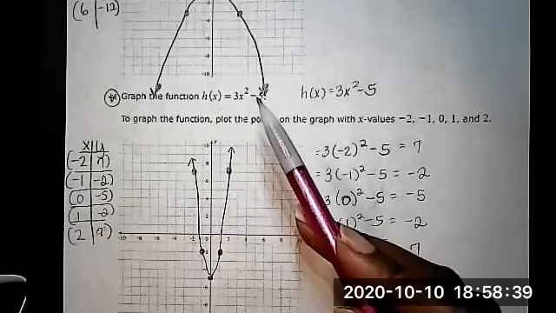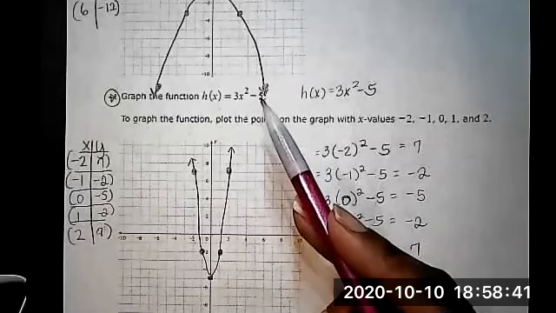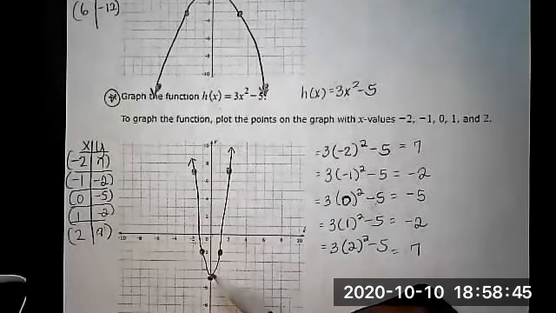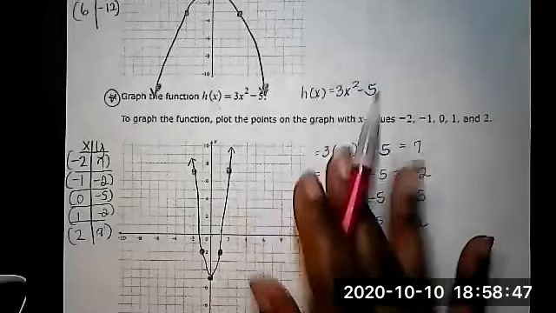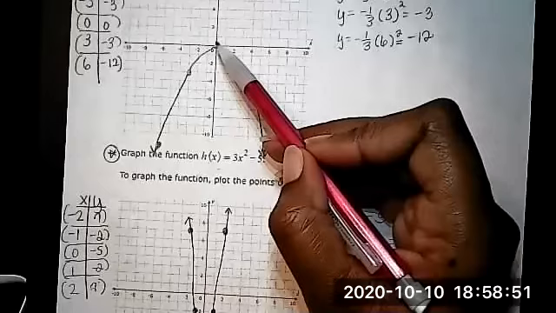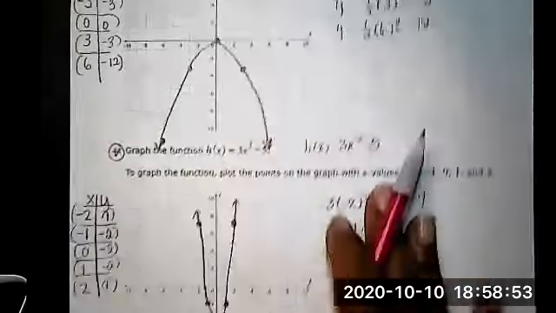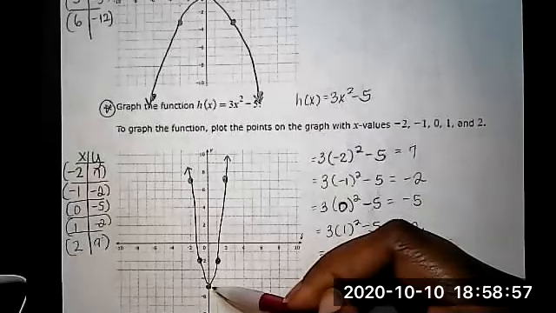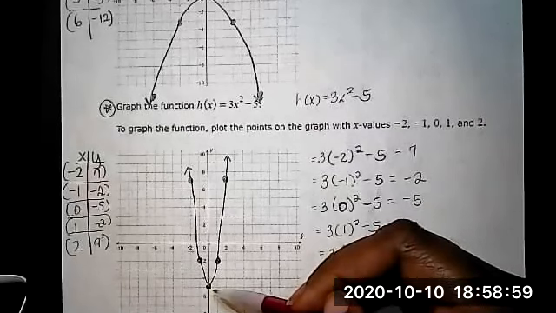That would mean that the parabola moves down 5. So this right here is where our vertex would be, moving down. And of course there, our vertex is 0, 0, because that's the highest point and it's going downward. In this case, it's going upward and our lowest point is 0, -5. Okay.